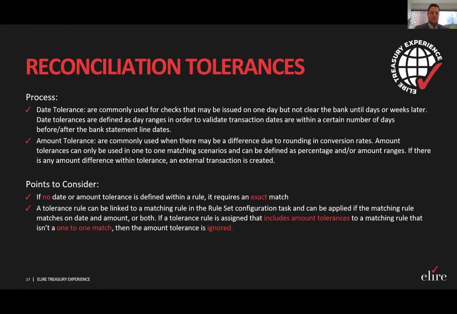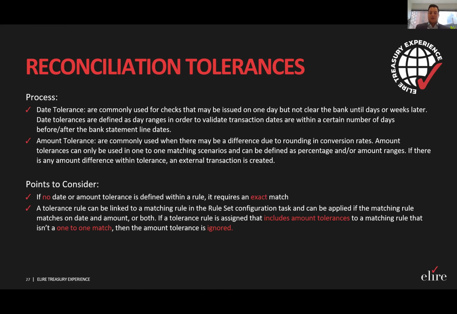So date tolerances are defined as a day range in order to validate transaction dates within a certain number of days before or after the bank statement line date. The second one is going to be our amount tolerances, which are commonly used when there may be a difference due to rounding and conversion rates. So if you're dealing with a lot of international payments or multi-currency bank accounts, you're able to define amount tolerances that will then account for that type of rounding error.